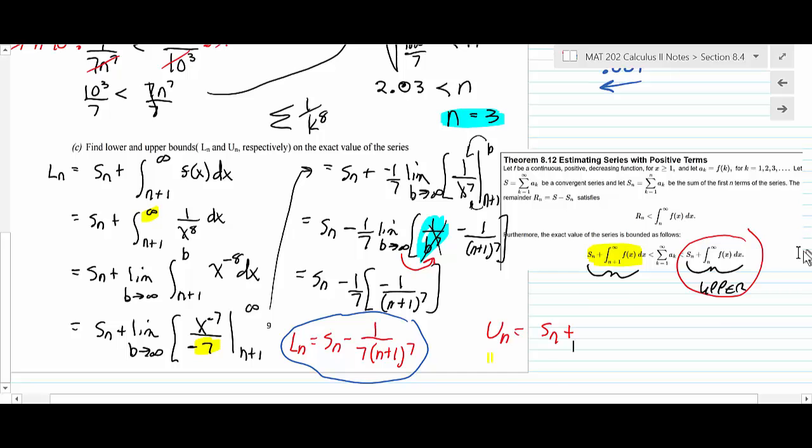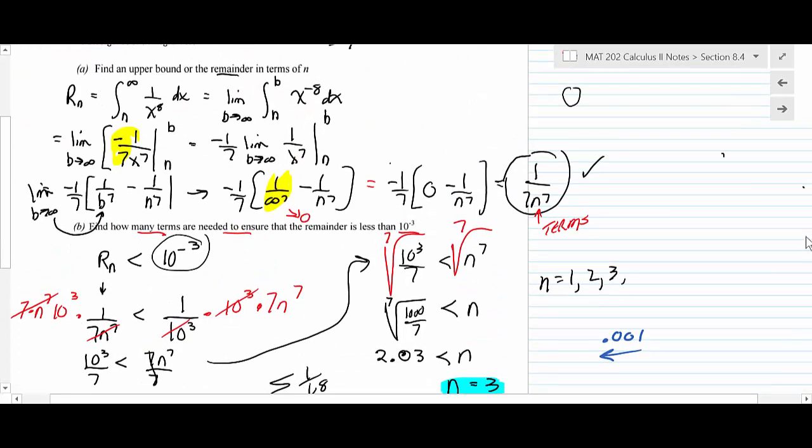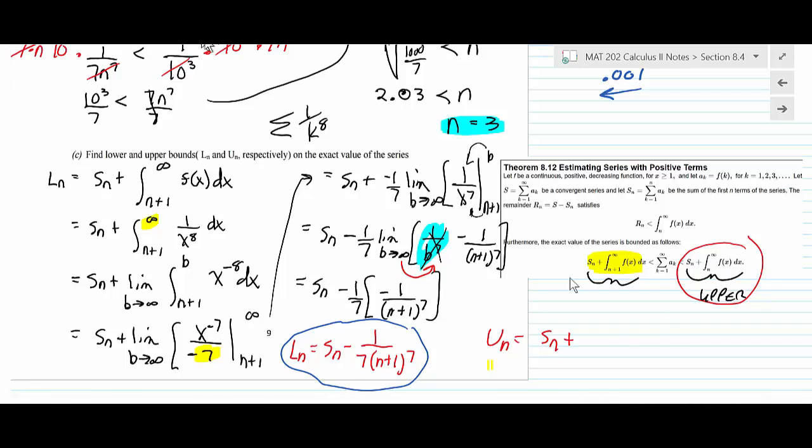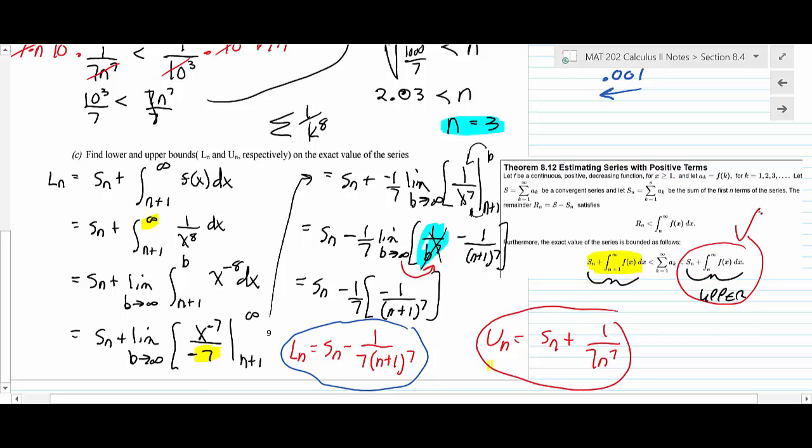If you look at part A, this is what you got in part A, so that's going to be 1 over 7 to the n to the 7th. I already got that in part A, then we did that part right there in part C. So that's our upper and lower bound.